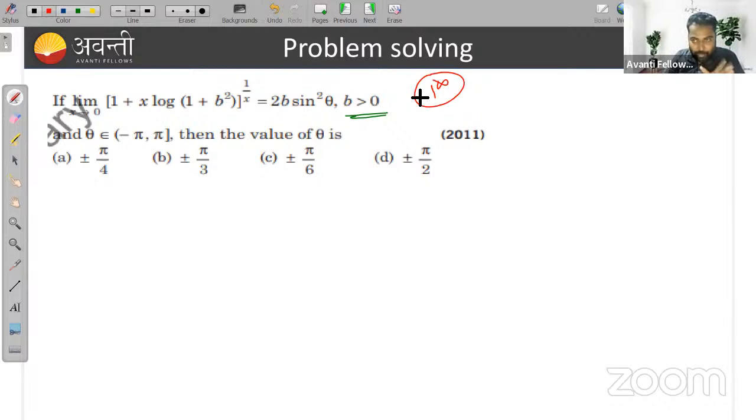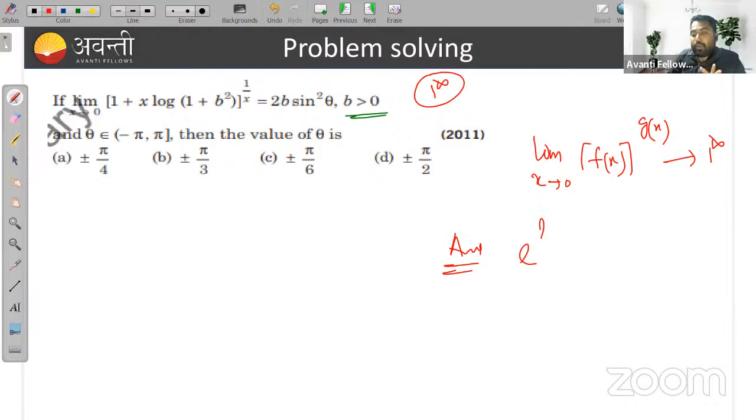So the form of this question is 1 to the power infinity, and we know when the function is in the form of 1 to the power infinity, what formula should you use? I told you: limit extending to 0 of f of x raised to g of x, if it is in the form of 1 to the power infinity, then the limit will be e raised to limit extending to 0 of (f of x minus 1) into g of x.